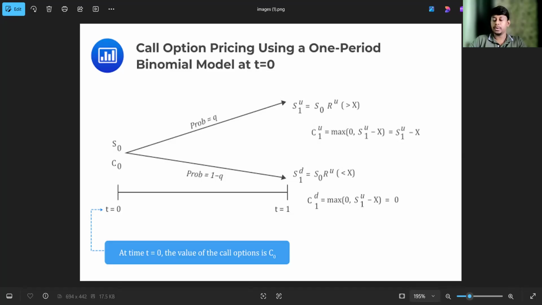If the portfolio has zero risk, it must earn exactly the risk-free rate. Otherwise, someone could make free money through arbitrage. That single idea, no free lunch, is the entire mathematical engine behind the binomial tree method.